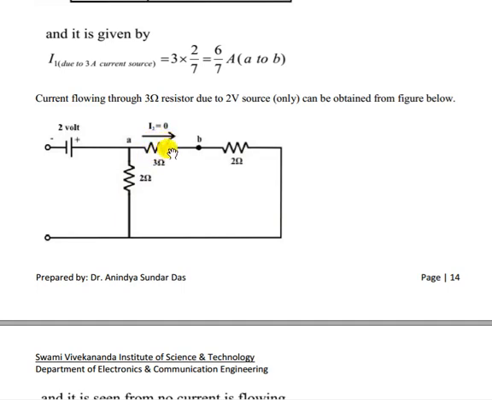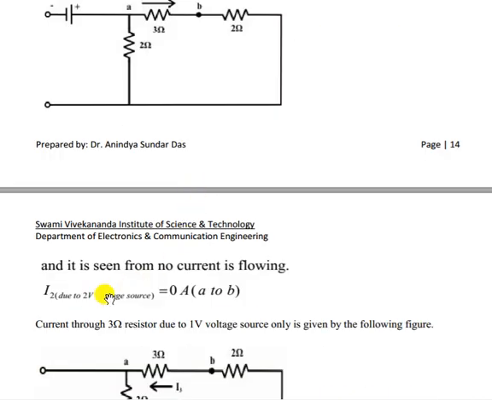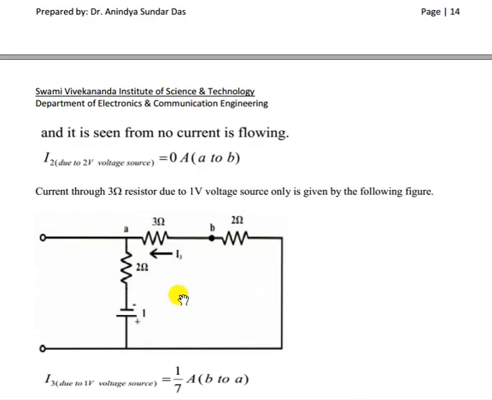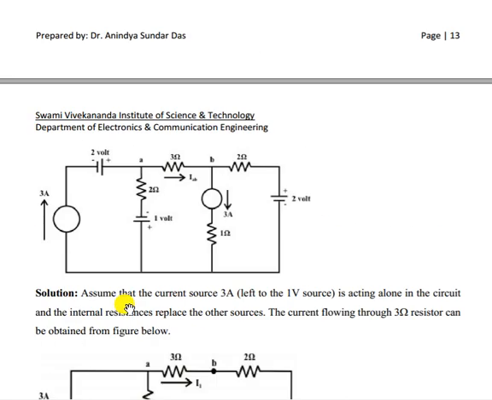Now what is the current flowing through I2, through this 3 ohm resistor? Now this is open circuited, so ultimately no current is flowing. So I2 will be equal to 0, flowing A to B. Now say this 1 volt voltage source is acting. This is open, short, open, short.